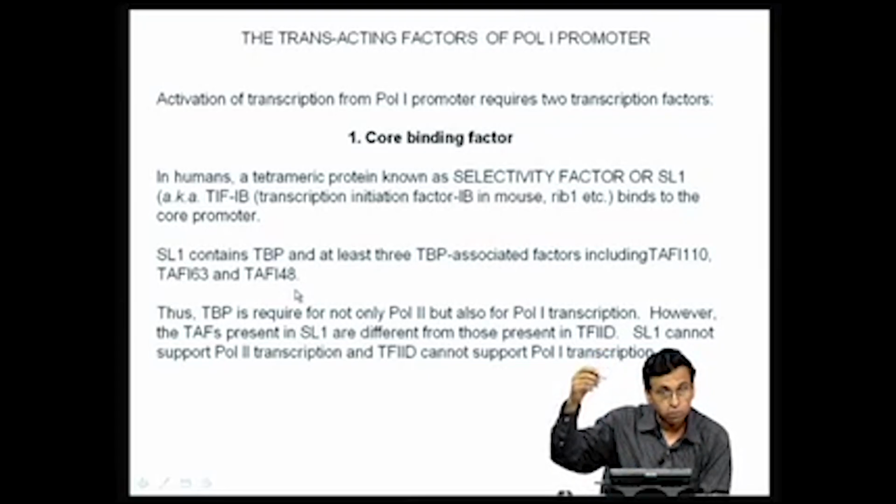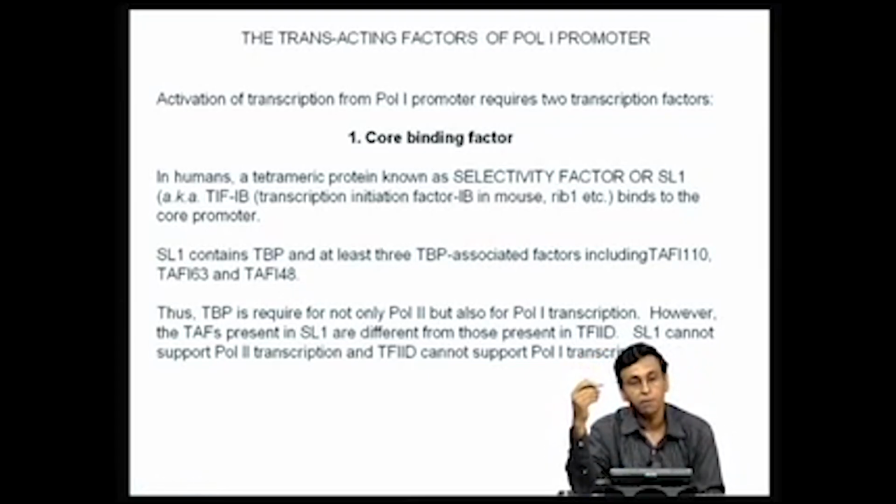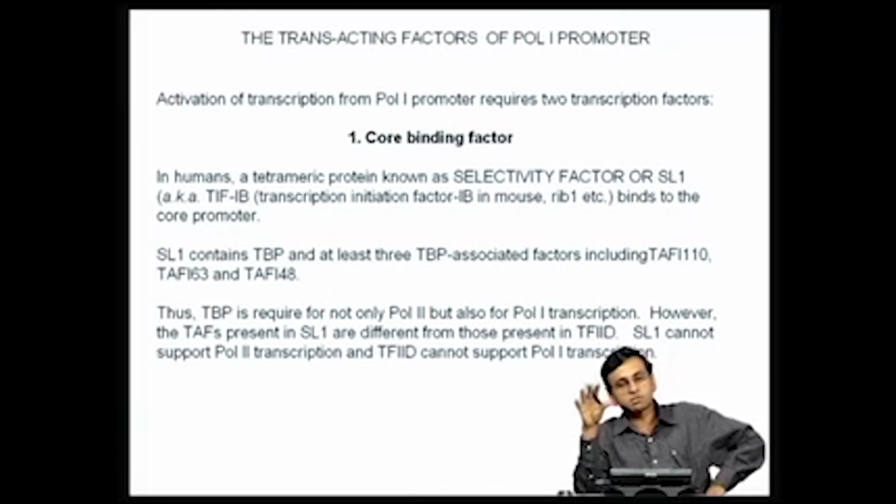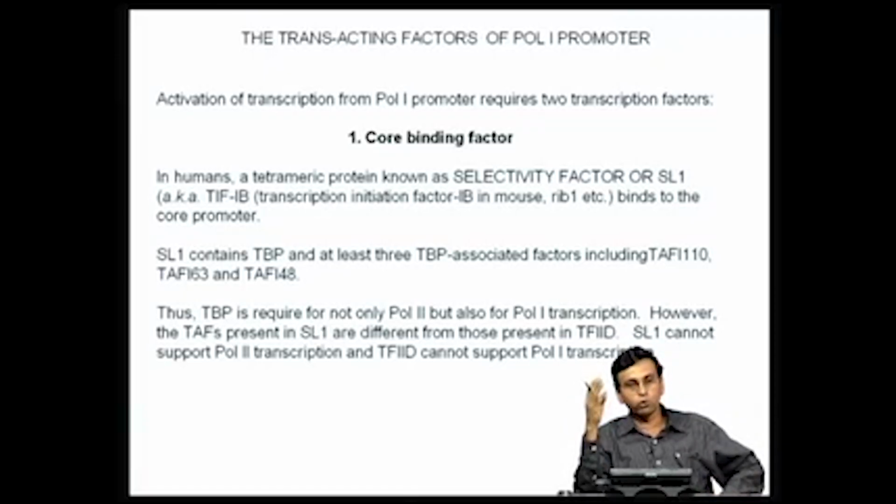Remember, just like in Pol II transcription, the TATA binding protein is involved in Pol I transcription also. Among all the general transcription factors which I have studied, namely TF2D, B, E, A and F, it is the TATA binding protein which plays a very important role in the transcription of not only polymerase II but also polymerase I as well as RNA polymerase III. So, the TATA binding protein plays a very important role in the transcription of all three RNA polymerases.